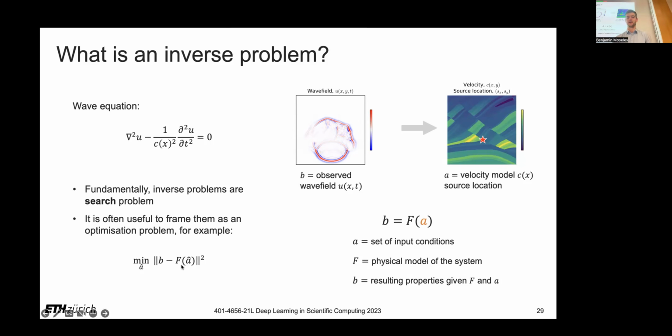So you say, okay, let's abstract to that more general setting where you've got some physical system, inputs and outputs. You just say, I want to minimize the difference between the observations of the system and what my forward model predicts given the parameters. And I'm going to change the input parameters to try and best match my observations. That's how we would traditionally set up our inverse problem.